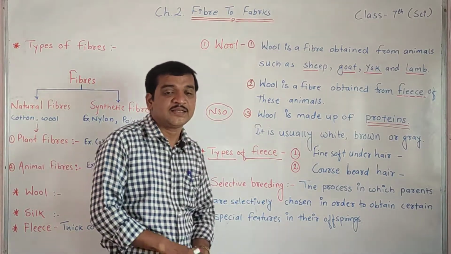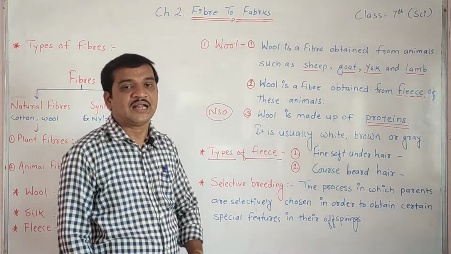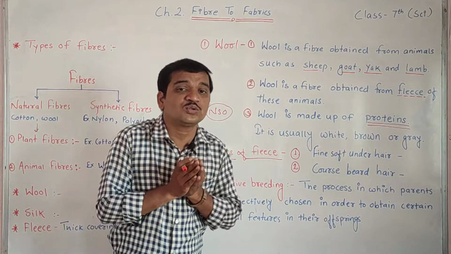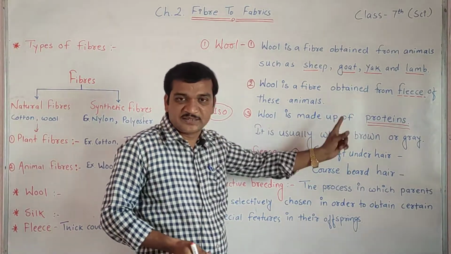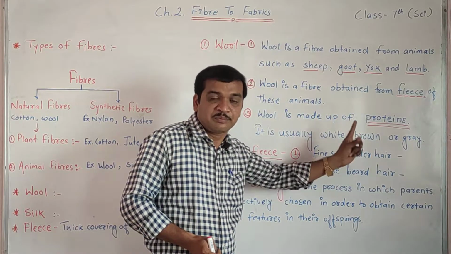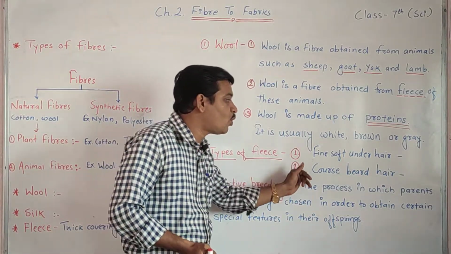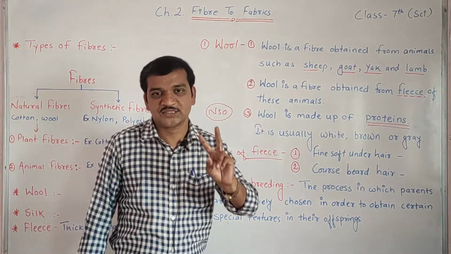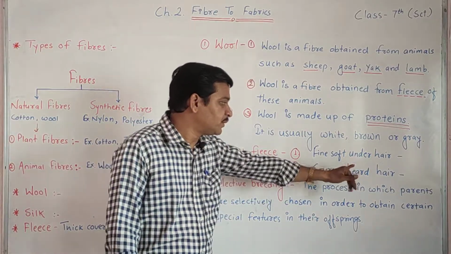So what are they? First, fine soft under hair close to the skin, and second, the coarse beard hair. So these are the two types of fleece. The first one is fine soft and the second one is the coarse beard.